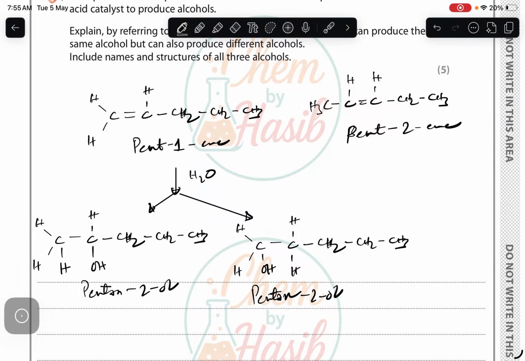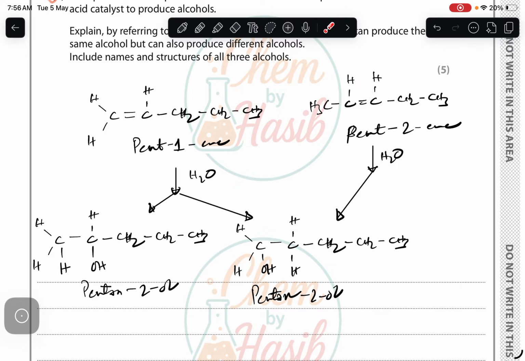Now if we add H2O, if you react steam with pent-2-ene, one of the products will also be pentan-2-ol. Because when you react an alkene with water, the hydrogen gets added to one of the double-bonded carbons and the OH gets added to the other.